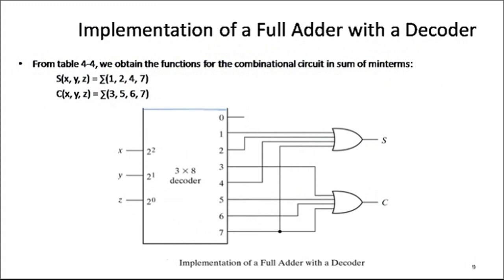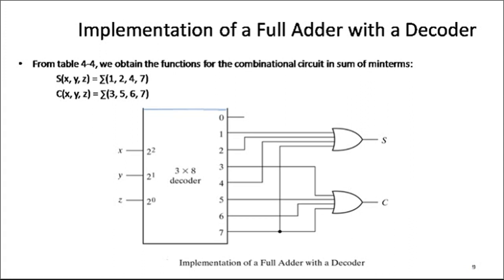See, implementation of a full adder with a decoder. In a number of exams, such a question is asked. From the table, we obtain the functions for the combinational circuit, sum and carry, as minterms.